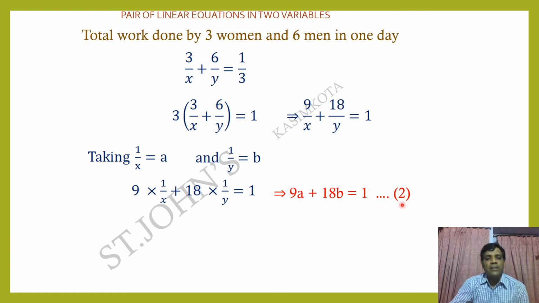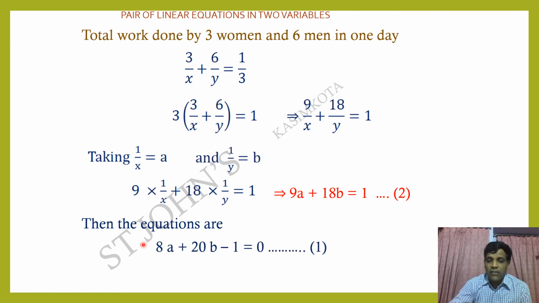Already we got two equations, first equation and second equation. Now we have to apply any one method: substitution method, elimination method or cross multiplication method. Now the equations are: first equation, 8a plus 20b minus 1 equals 0. Already 8a plus 20b equals 1, with 1 on the RHS; transposing 1 from RHS to LHS, it becomes minus 1.